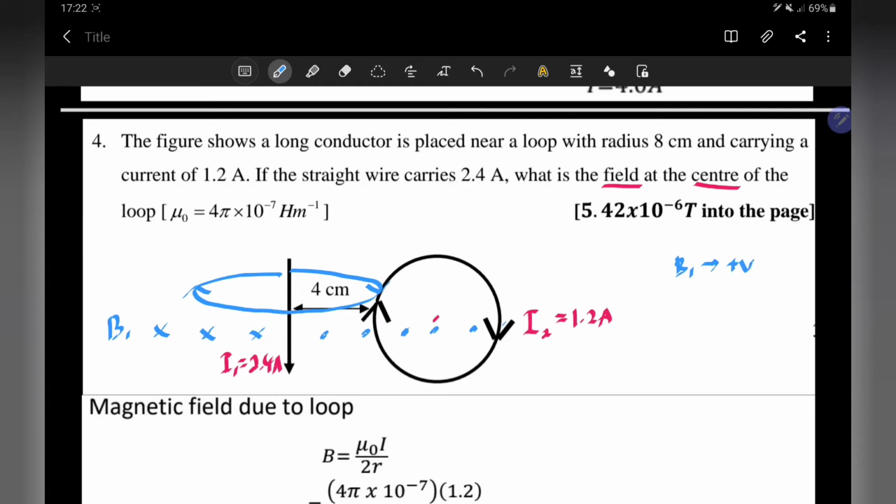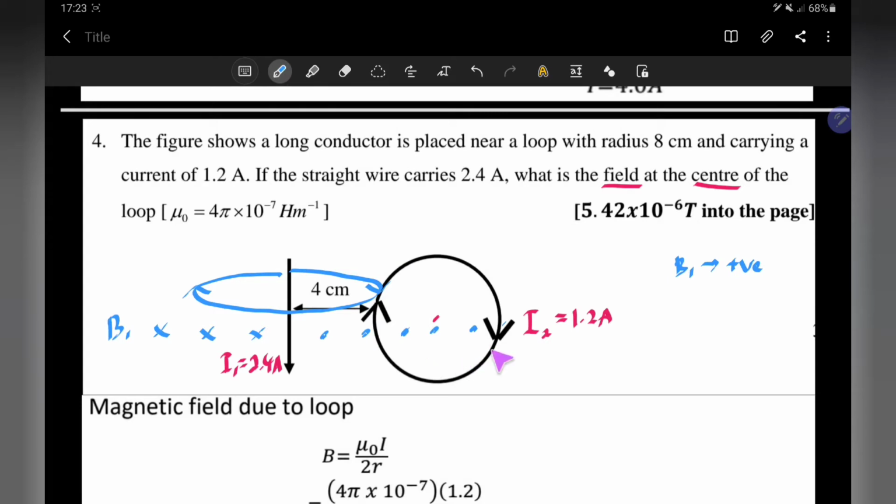and because the loop is located at the right side of the straight conductor, at the right side our B is directed out of the page. So at the center here it is still the same. Our B1 is still directed out of the page, so B1 is positive. At the same time, the loop is also carrying a current, flowing in clockwise direction. By using our right hand grip rule, the fingers represent our current flow and the thumb represents our north pole.